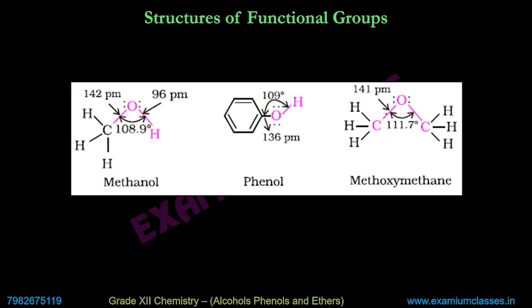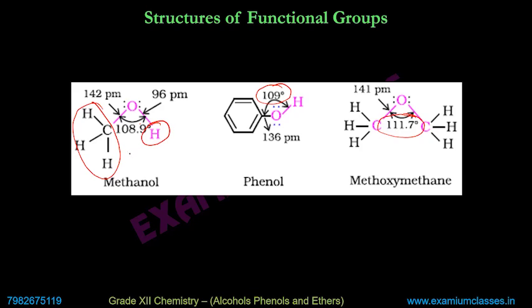And the explanation is there. Here the angle is 108.9 degrees, here it is 109 degrees, here it is 111.7 degrees. The reason is very simple, because here you have hydrogen. Hydrogen is a very, very small atom. And here you have a methyl group.